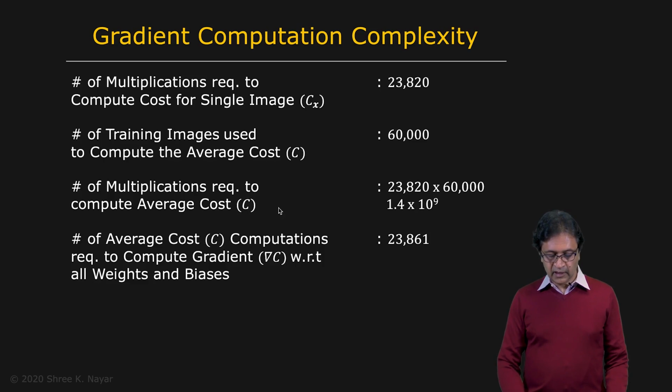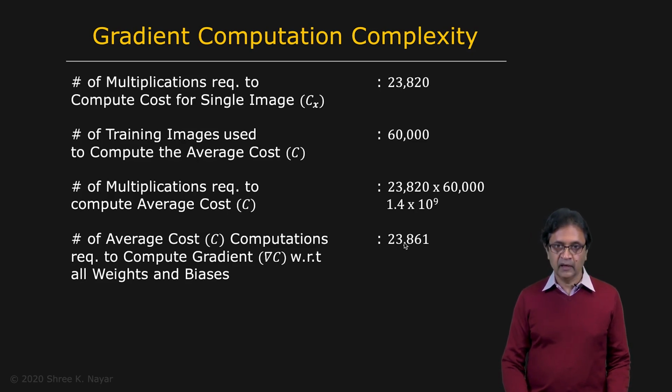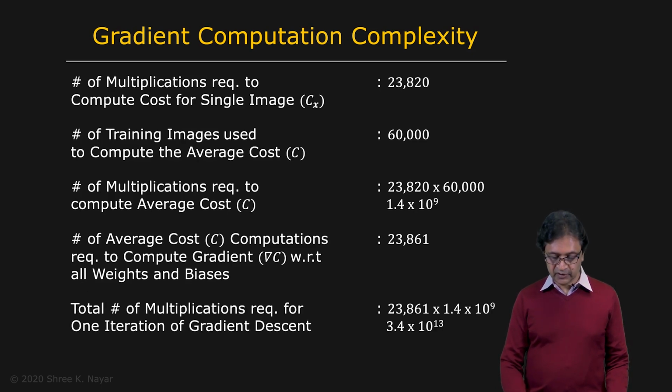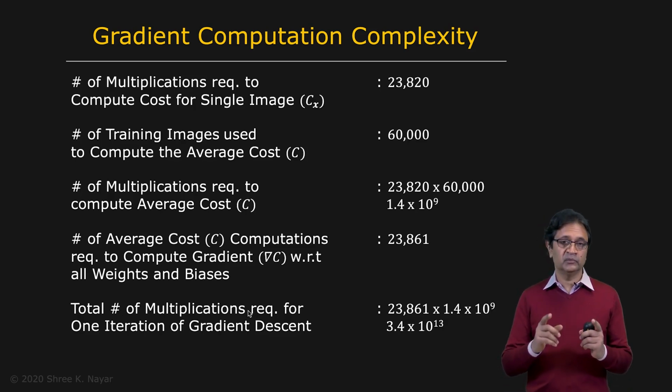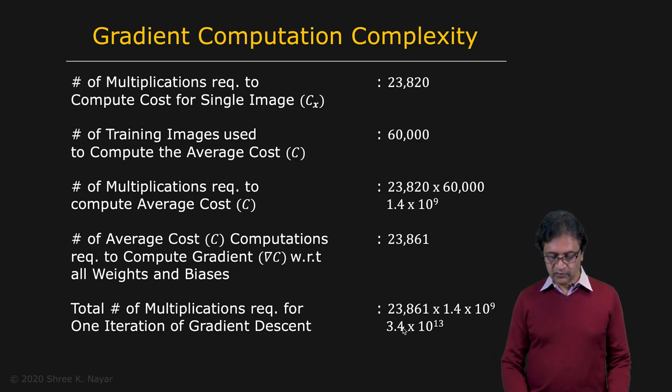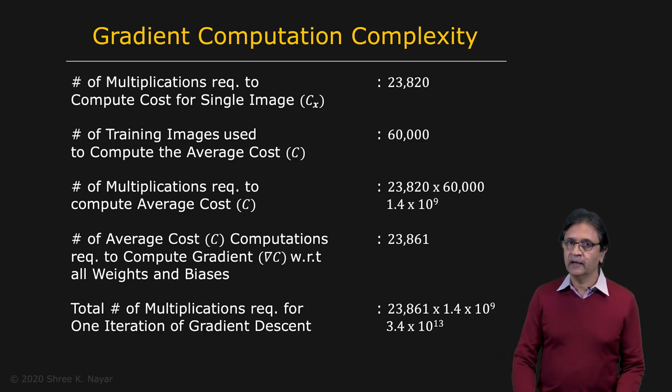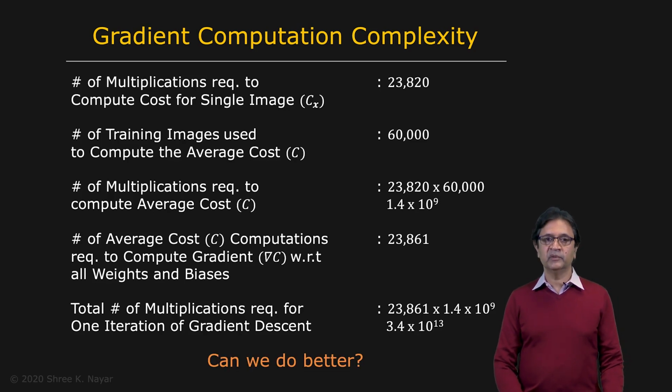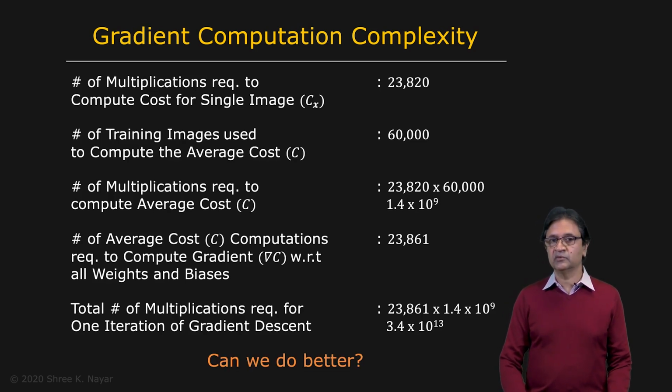Then the number of cost computations to compute the gradient with respect to all weights and biases is again roughly 24,000, and you've got to multiply that with this previous number. Therefore the total number of multiplications required for one iteration of gradient descent, and you may need hundreds of iterations, is 3.4 times 10^13. Very big number. And the question really is, can we do better? Indeed we can, and that's what we'll talk about next.